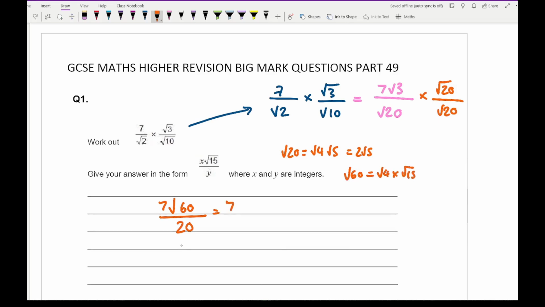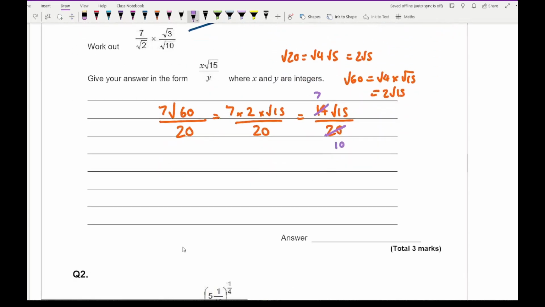And so here we've got 7 times 2, which is what this root 4 is, multiplied by root 15 over 20, which gives me 14 root 15 over 20. Then I can simplify the 14 over 20, so divide both numbers by 2, so that becomes a 7, that becomes a 10, and as you can see there, I've now got my simplified answer. So it's 7 root 15 over 10, where x is 7 and y is 10.